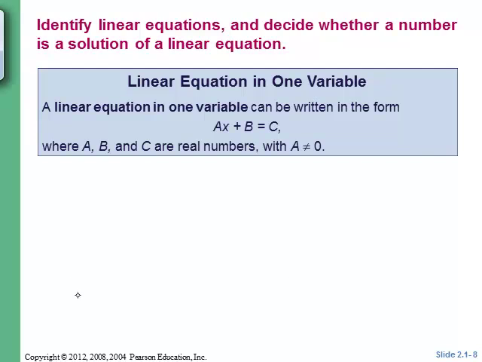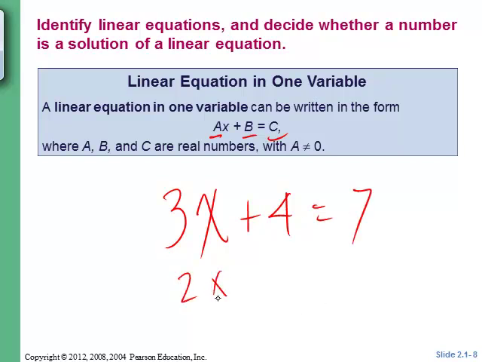What makes something a linear equation? Well, it's got a variable, x, and a and b and c are any real numbers. So it could be 3x plus 4 equals 7, or it could be 2x minus 2 equals 4. I don't know, I was just making those up.